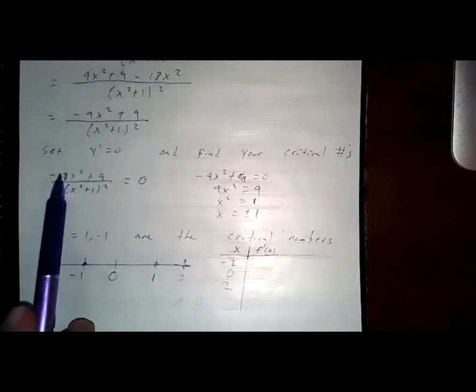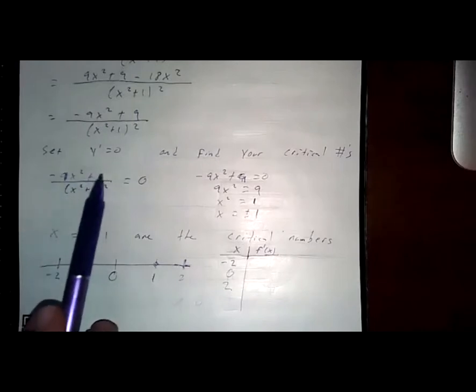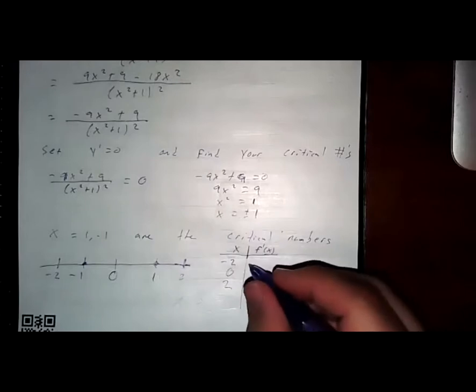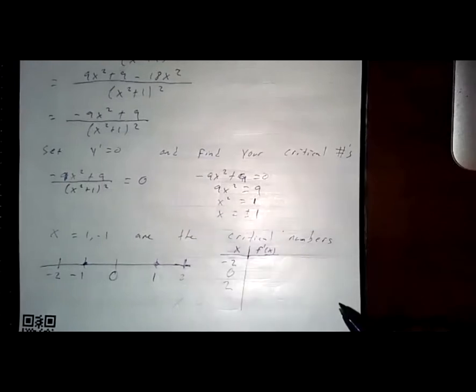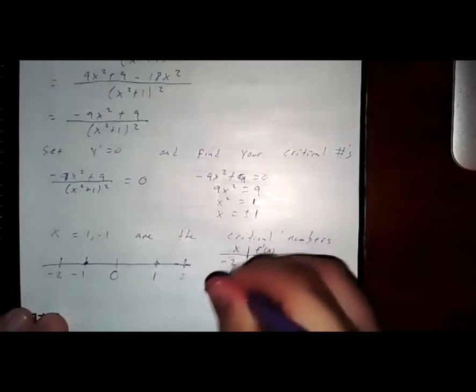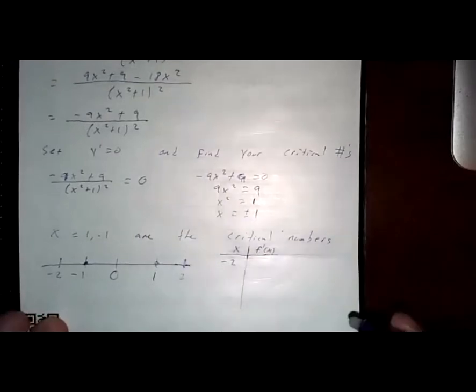Positive 4 times negative 9 is negative 36 plus 9. It's going to stay negative. I should probably show the work. Yeah, it's going to be negative, but I'm trying to decide if I should skip that or not. I think I should not.